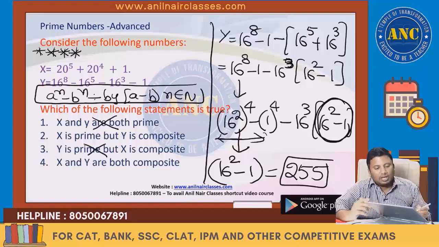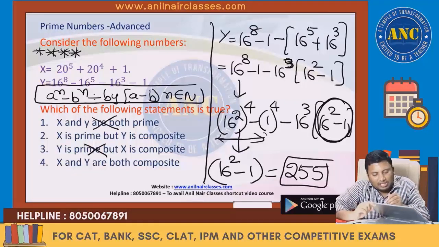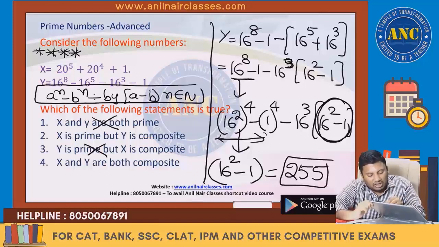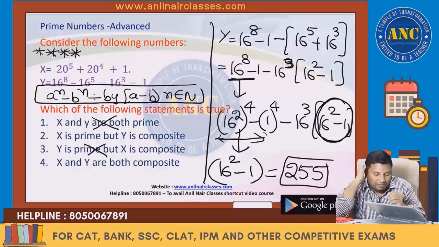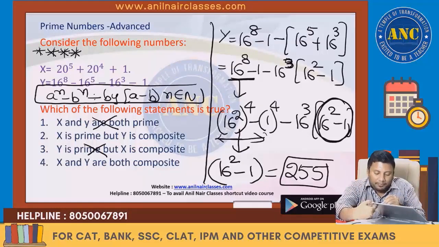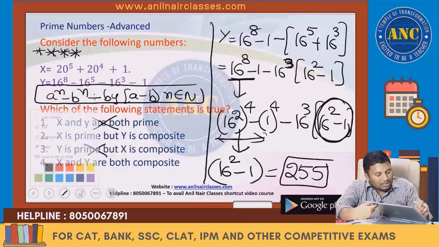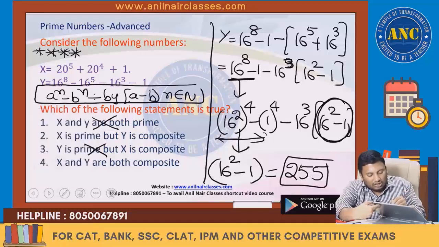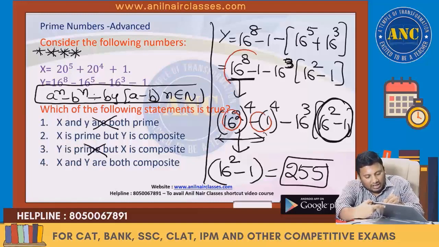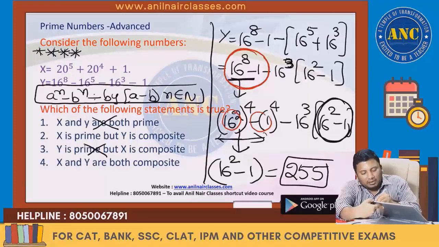Second is out. Third is out. Again I am explaining. This is 16⁸ minus 1 minus (16⁵ + 16³). If I take 16³ common, 16² minus 1 in both, aⁿ minus bⁿ is divisible by a minus b.